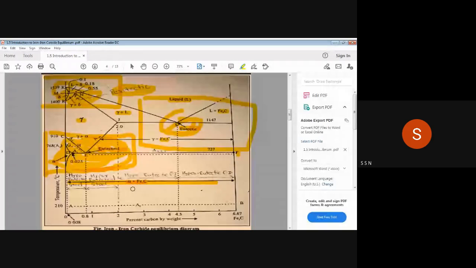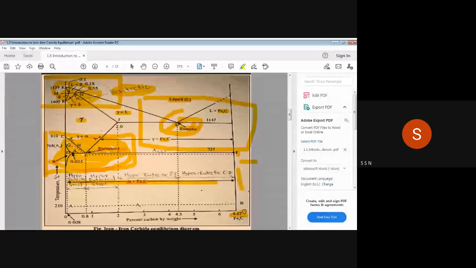At one end, point F, the phase is Fe3C, iron carbide, and at the other end, point D, again a solid phase, alpha ferrite, with 0.025 percent carbon. At point F, the cementite Fe3C, the percentage of carbon will be 6.67.